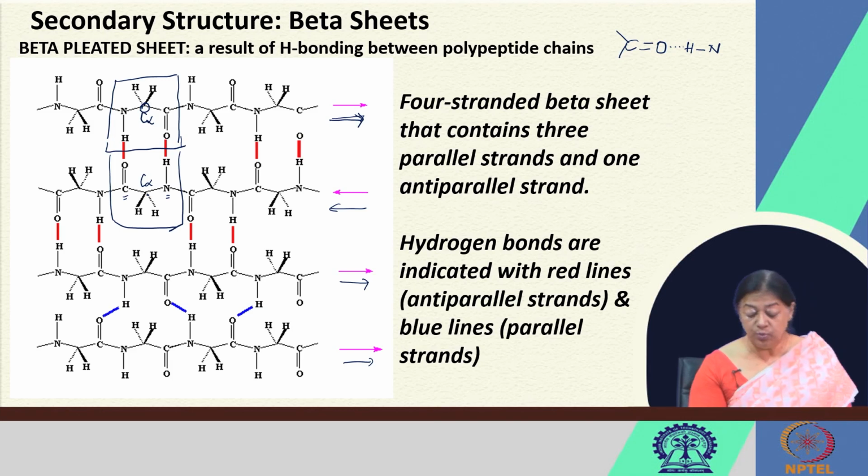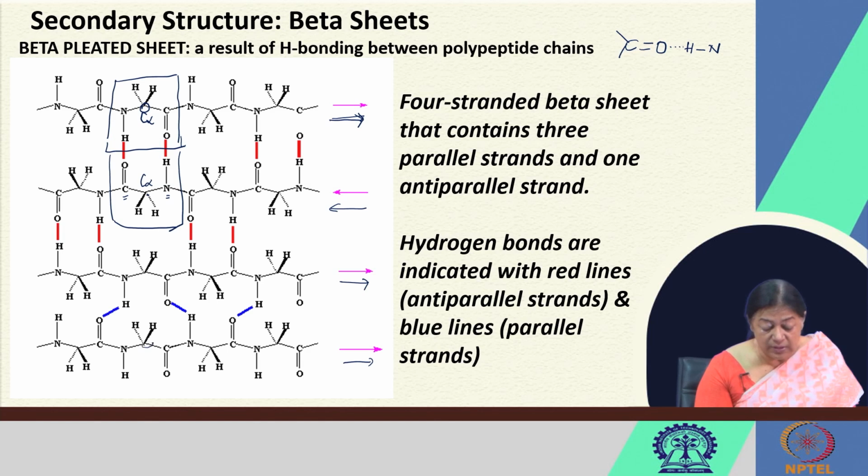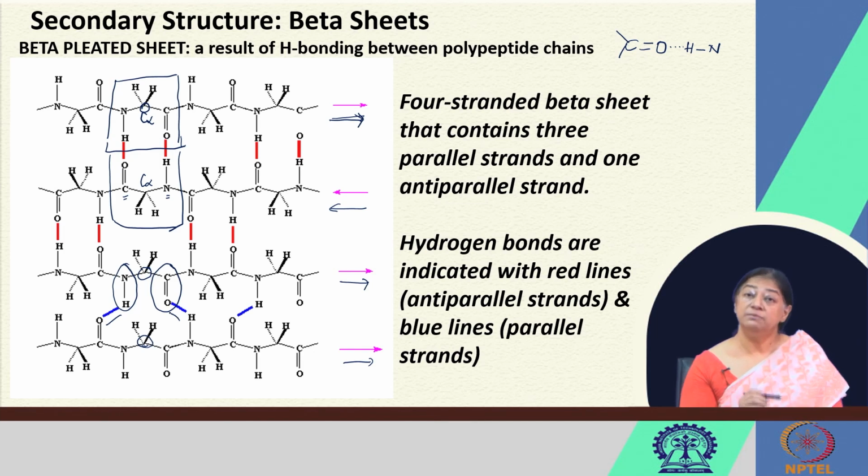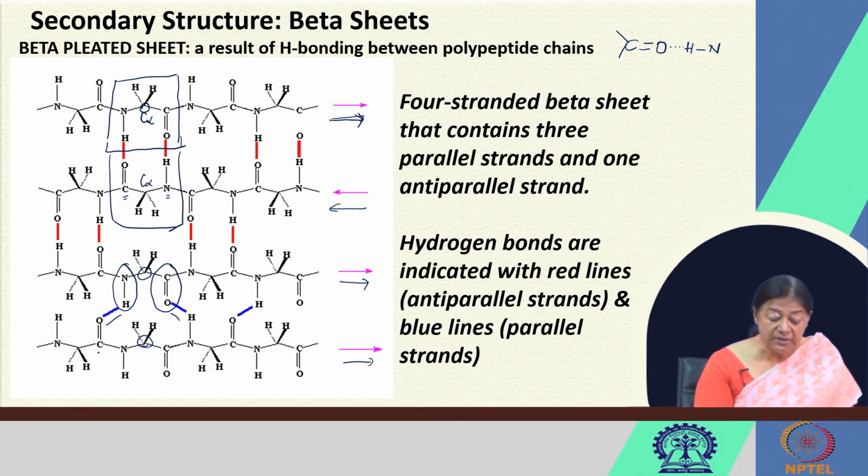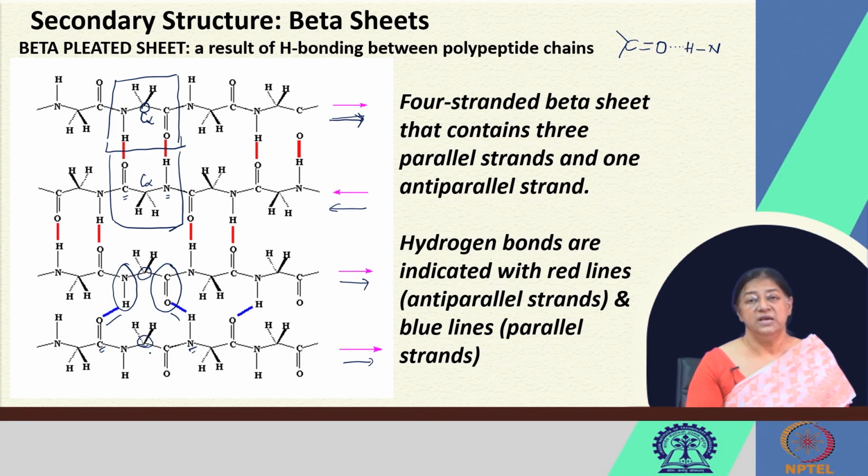This is unlike what we observe for the parallel case, where we will see that again if we look at the C alpha here and the C alpha here, what we observe is that the NH of this particular amino acid or the C double bond O of this particular amino acid is hydrogen bonded again to the same type of chemical moiety, but to different amino acids. So, this is the hydrogen bonding pattern difference that we observe for the parallel strands and for the antiparallel strands.